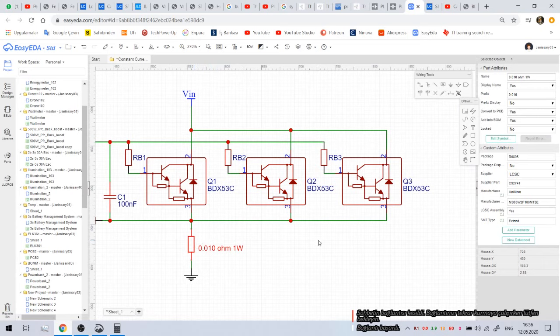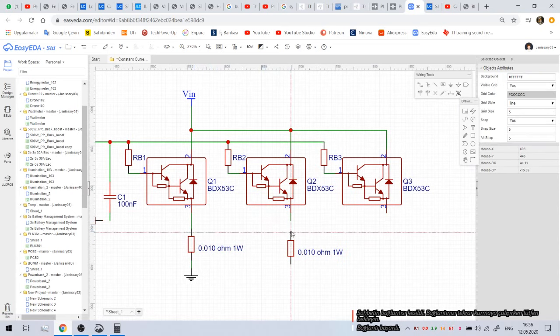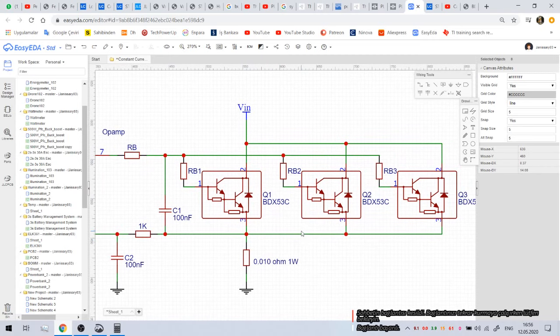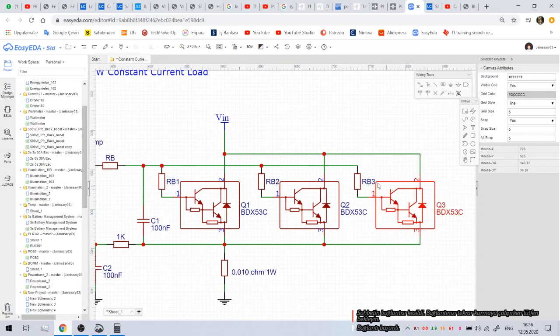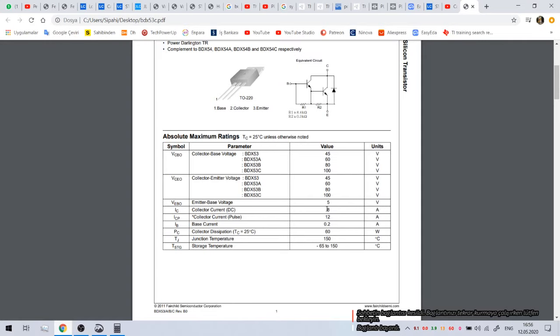Three resistors, all of them not connected there. Yes, you can connect all of them with this, but I don't want to use it in such a way. It can be somewhat different, because we have much higher maximum ratings than 10 amp. We have a 24 amp rating.